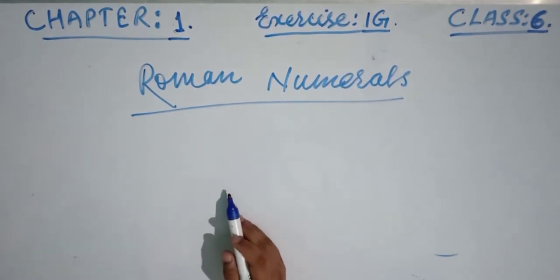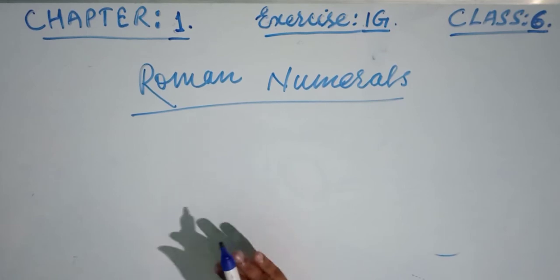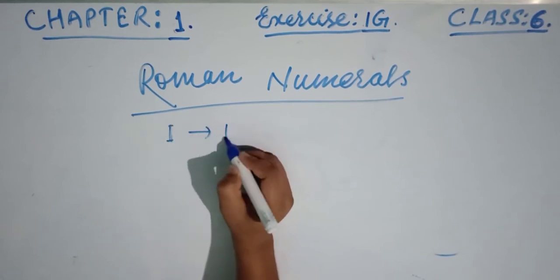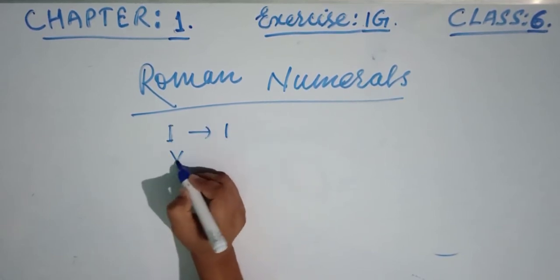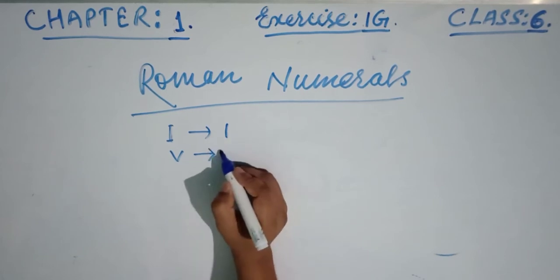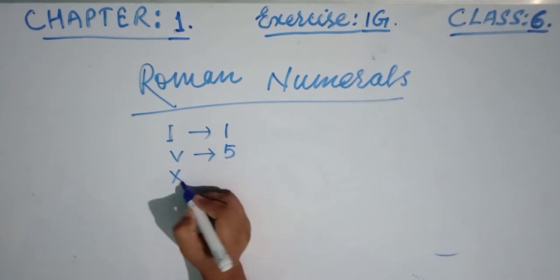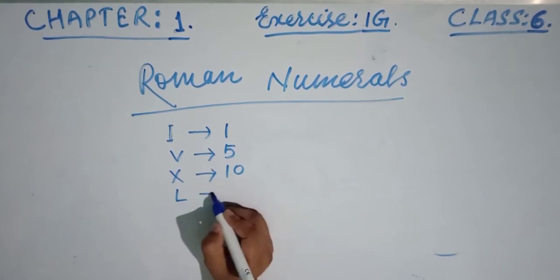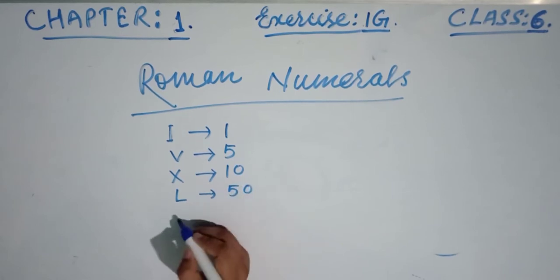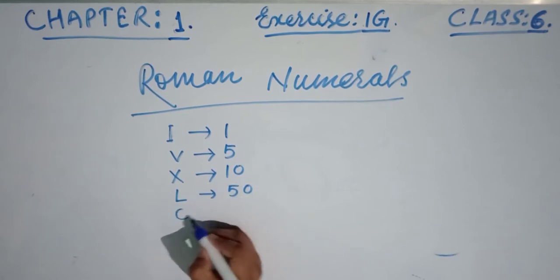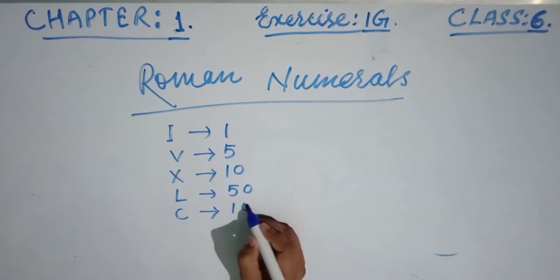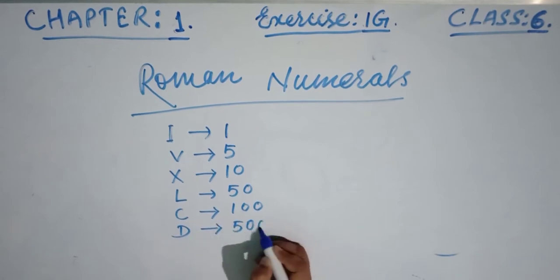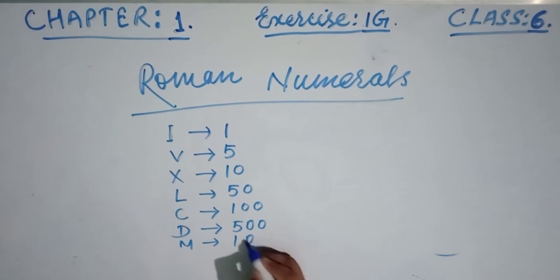There are 7 symbols which indicate the Hindu Arabic numerals friends, like I indicates 1, V denotes 5, X for 10, L for 50, C for 100, D for 500, and M for 1000 friends.